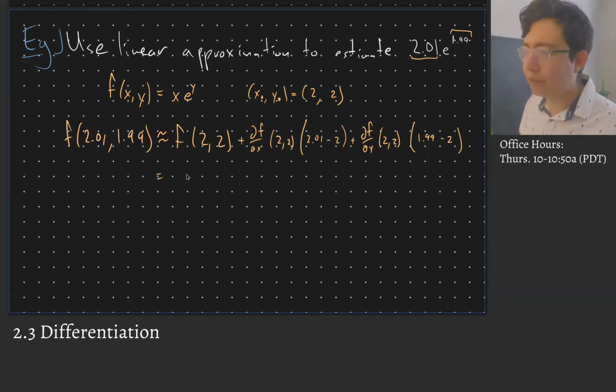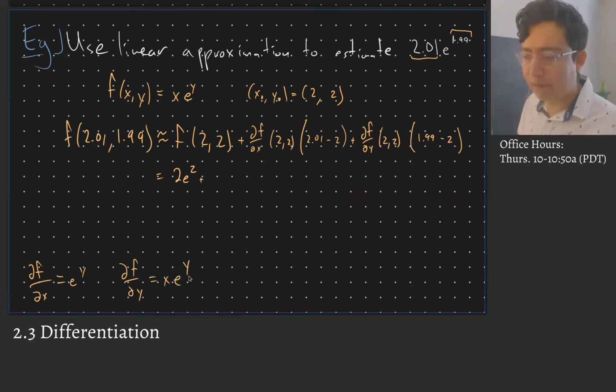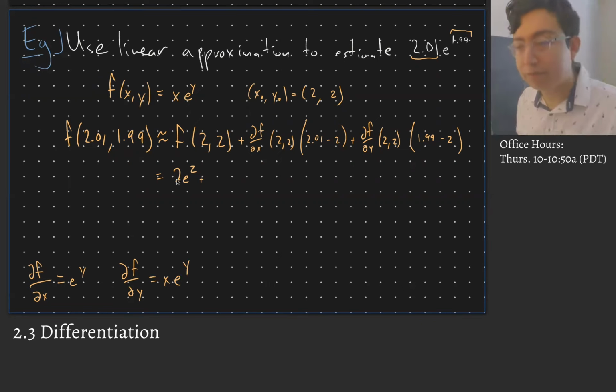So f of 2 is 2e squared. Now we need to compute the partial derivatives of f with respect to both variables. The partial with respect to x is just e to the y, and the partial with respect to y is x e to the y. Remember, the derivative of e to the y is just e to the y.